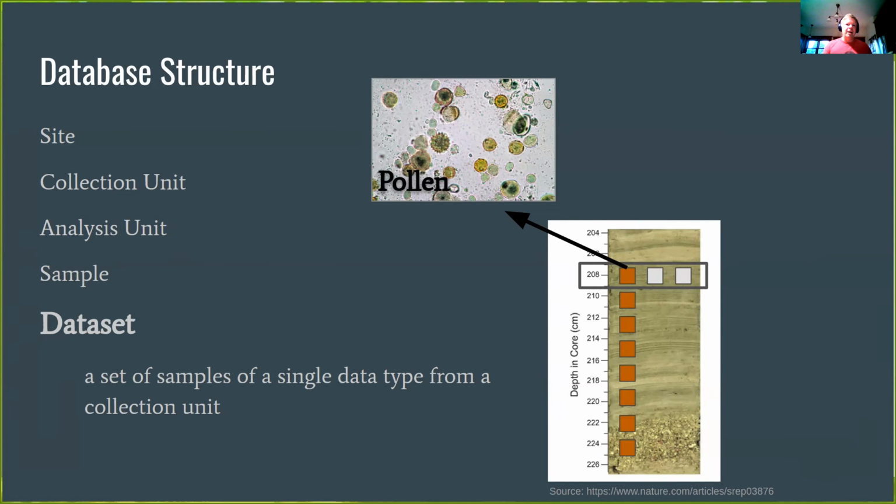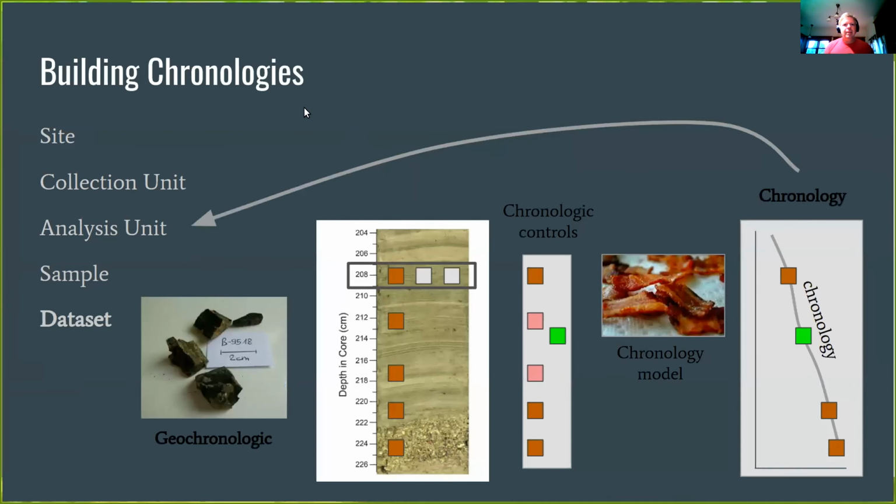It allows us to bring in new data sets fairly easily because most of the data model is already well developed, and it's just a question of adding new information associated with either the data set or the sample level. One of the really nice things is that this also facilitates the development of multiple different chronological models in a really, I think, ultimately intuitive way.